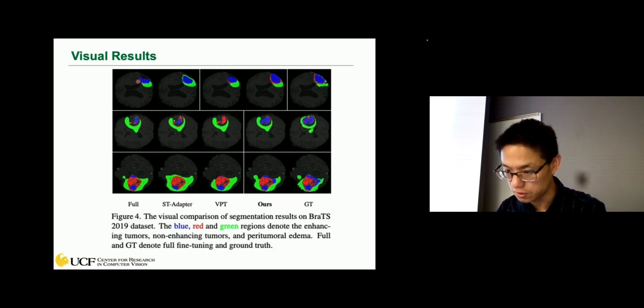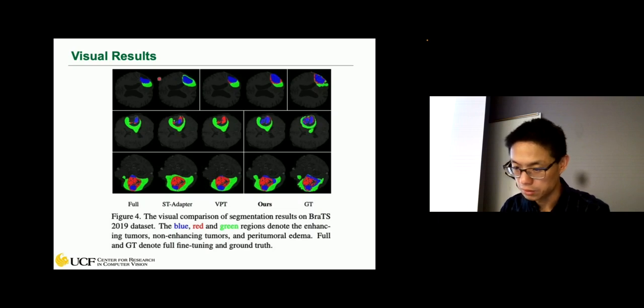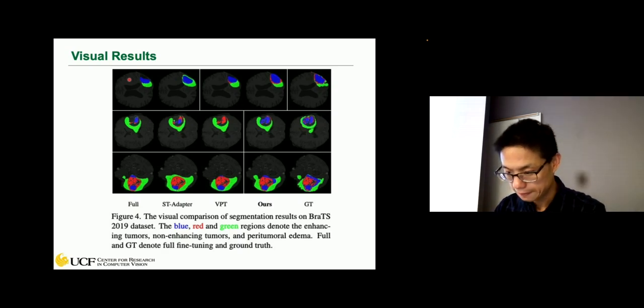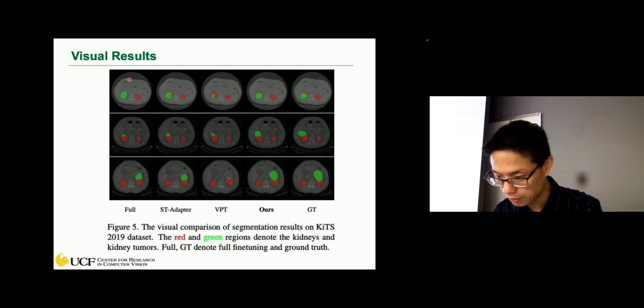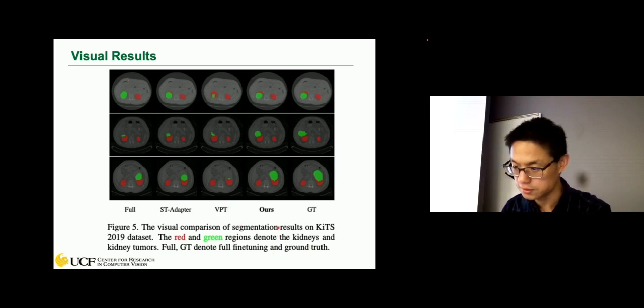So for example, here, the first one, the full fine-tuning totally missed the red class. The ground truth actually has another tumor type, but the full fine-tuning doesn't pick up that particular tumor class. Okay. So this is another example on the kidney tumor segmentation data set. Okay.